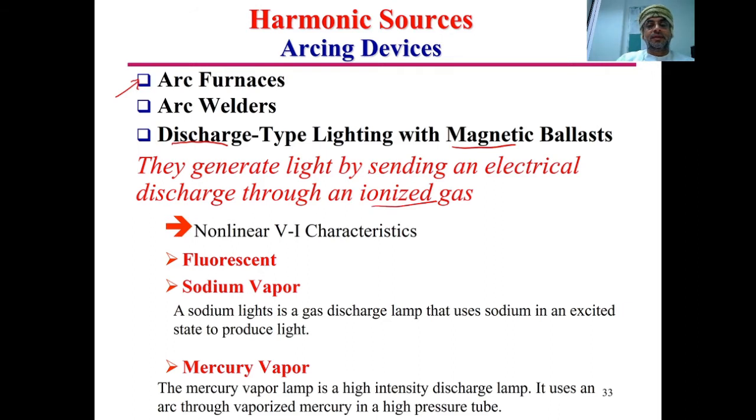Again, those are nonlinear devices. Even if we look at other types of light, not only fluorescent but also sodium vapor is based on the same principle. Mercury vapor is based on the same principle, in which the electric discharge is sent through ionized gas.